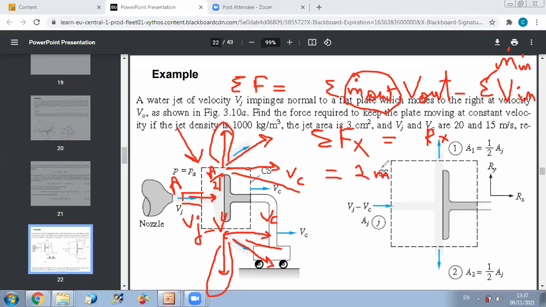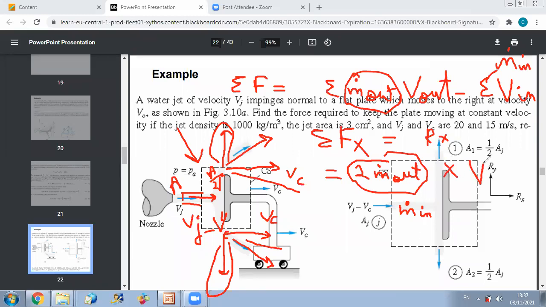But m dot out is equal to m dot in, so when we say 2 times m dot out, this term represents m dot in. So we have m dot in times V car, the velocity of the car.